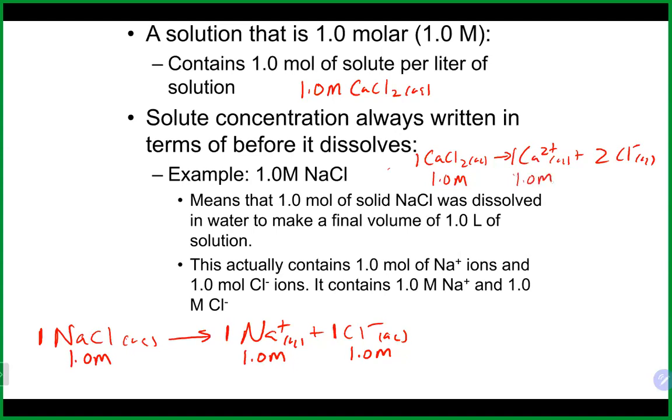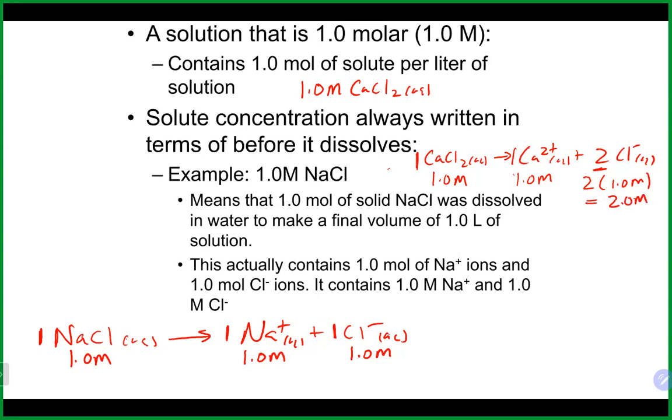When we look at the chloride ions, for every one of the whole units, you get actually 2 of the chloride ions. So what you need to do is take the concentration and multiply it by 2. And the concentration of the chloride ions in that solution is 2 molar.